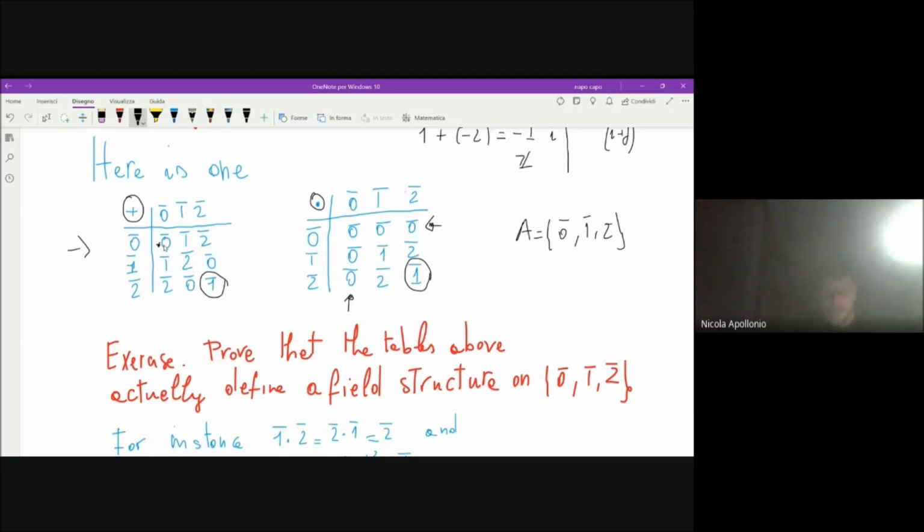Let us check this. So recall what the inverse with respect to an operation is.